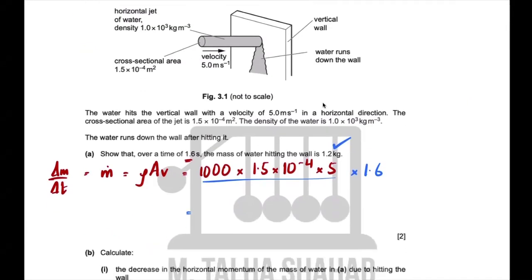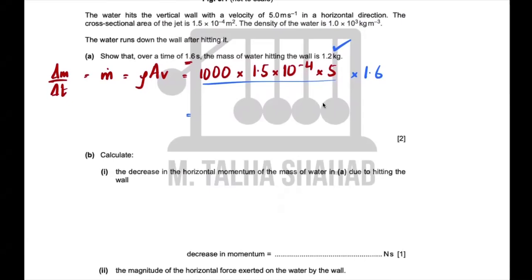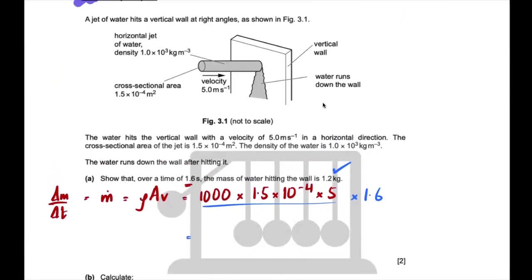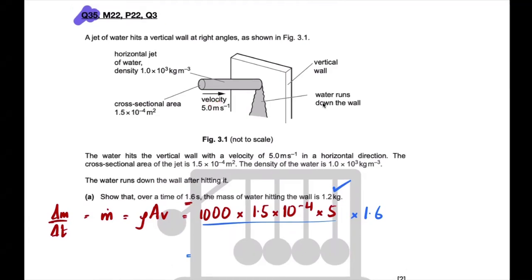In part B, it says the decrease in horizontal momentum of the mass of the water in air due to hitting the wall. So the mass of the water I found, there is some initial momentum here, but finally it basically runs down the wall. So horizontally, there's no final momentum.